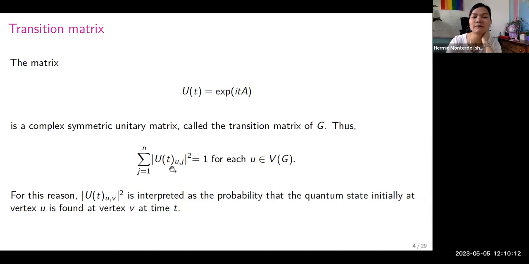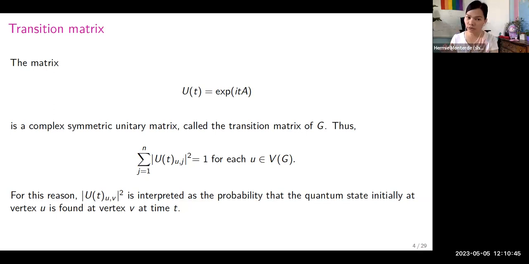So for this case, I believe we are using rows, right? If you take a look here, the sum of the modulus squared of these entries is 1 for each row. What does that mean? That means that every row determines a probability distribution, right? And so we can interpret this quantity: you have the uv entry of the transition matrix U(t).